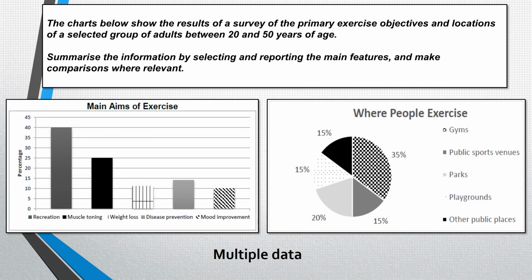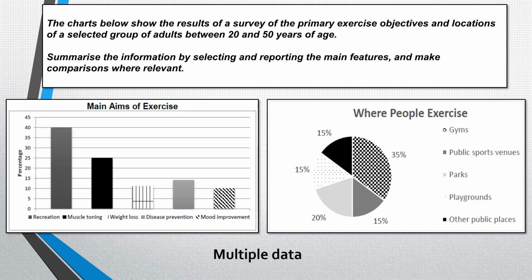Here we've got another example of multiple data. We've got a bar chart and a pie chart. So it's quite possible that you receive multiple data, and it could be any combination, normally one of a line graph, bar chart, pie chart, or a table.